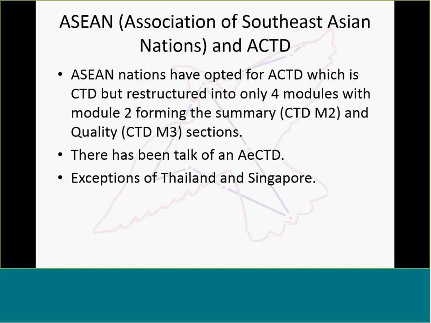The Association of Southeast Asian Nations has their own version of CTD, which is ASEAN CTD. It's very similar, but different in that it's constructed into only 4 modules instead of 5. Module 2, which is their summary section, is CTD's Module 2 combined with the quality section, which is CTD Module 3.